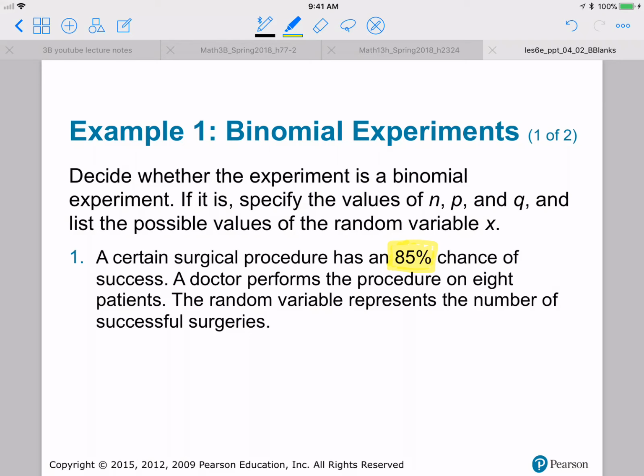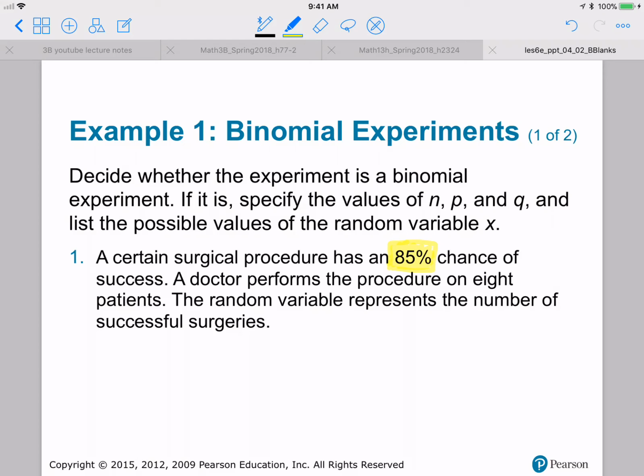So when this example says that a certain surgical procedure has an 85% chance of success, probably that's because they've done the experiment a bunch of times, right? In trials, because you know how you have to vet procedures before you perform them on humans, right? Or you have a trial period, because you can't just have a surgical procedure and it actually causes more damage to the patient.